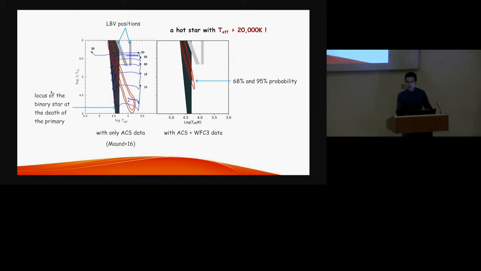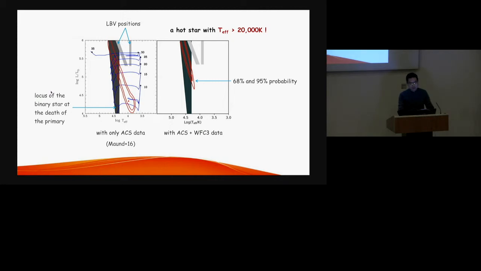And if we incorporate the F300X filter and also the new optical filter data, then the possible location of this binary companion shrinks very significantly. So this binary companion must be a very hot star with effective temperature larger than 20,000 Kelvin. And this is because, well, the extinction has changed, but this star is still detectable in the UV filter.